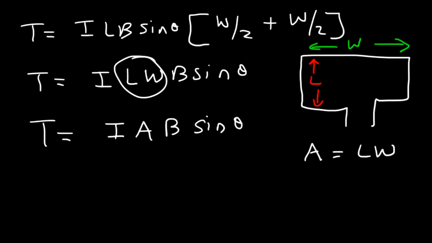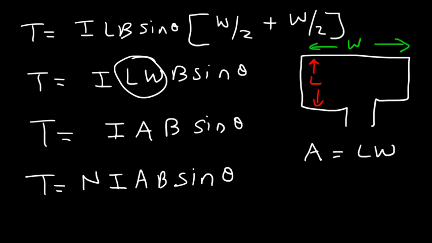Now what if we have many loops? If you have 2 loops, the torque is going to be twice as strong. 3 loops, 3 times as strong. So we need to add N to this equation for the number of loops. So it's NIAB sine theta.